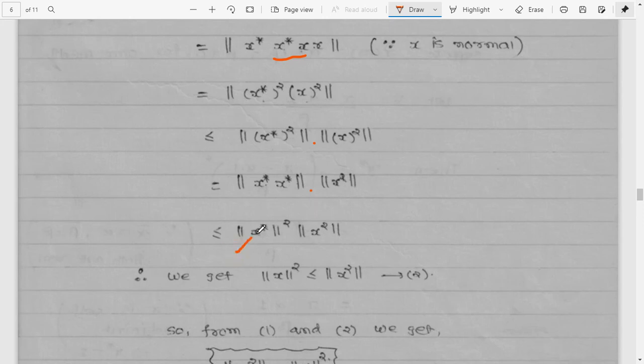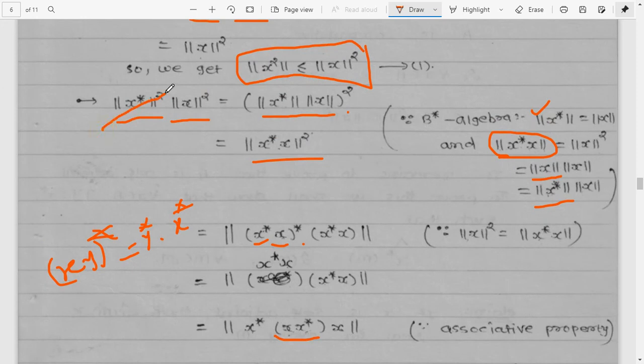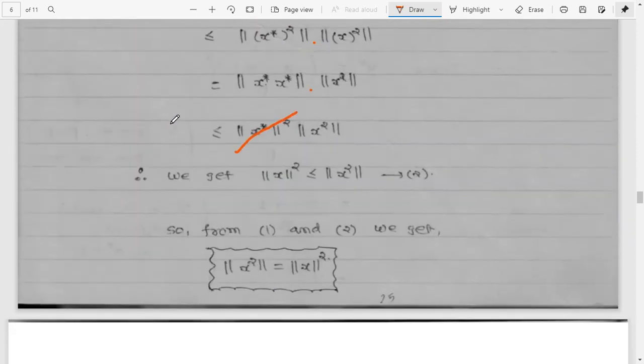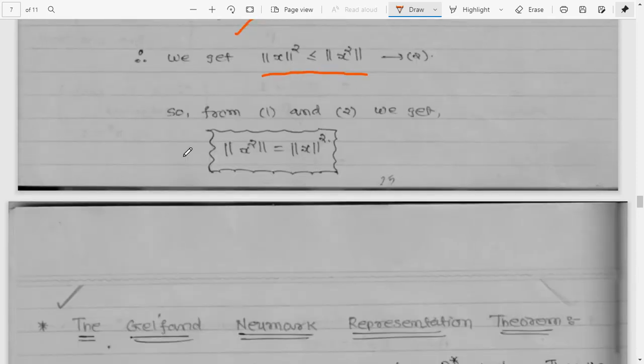Here we cancel out norm x star square and norm x star square, so we get norm x square is less than or equal to norm x square, equation number 2. From result 1 and 2, we get norm x square is equal to norm x whole square.